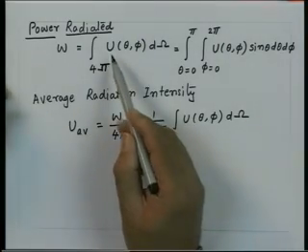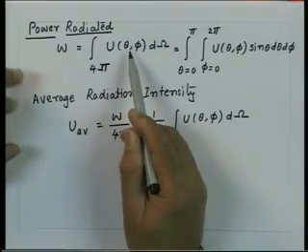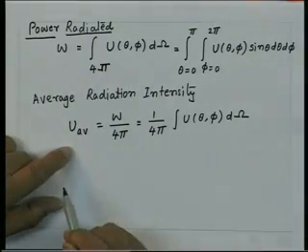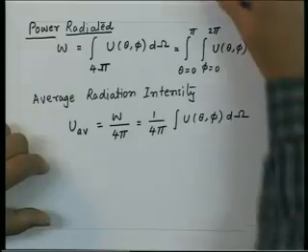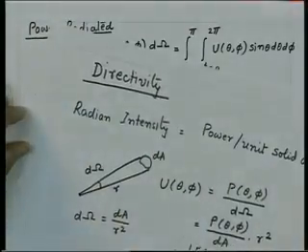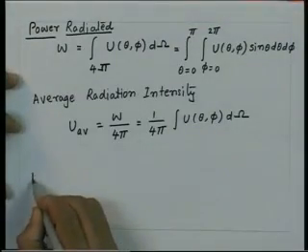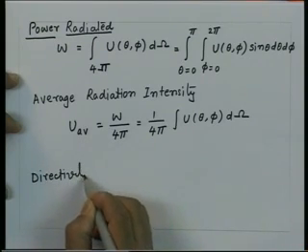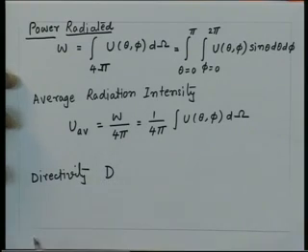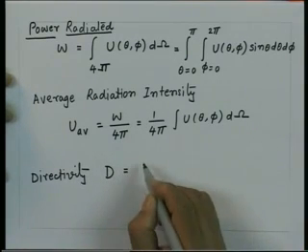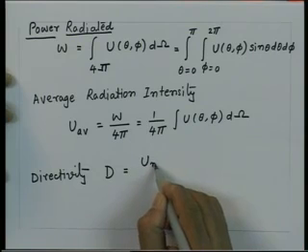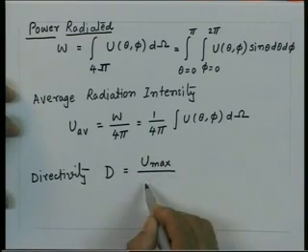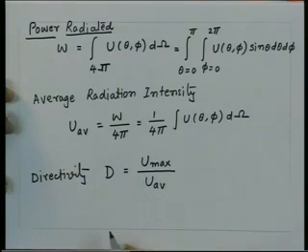Then as we said, the maximum radiation intensity which you get from the radiation pattern divided by the average radiation intensity, that is what we define as the directivity of the antenna. So, we have now the directivity, let us say denoted by D, that is equal to U maximum divided by U average.